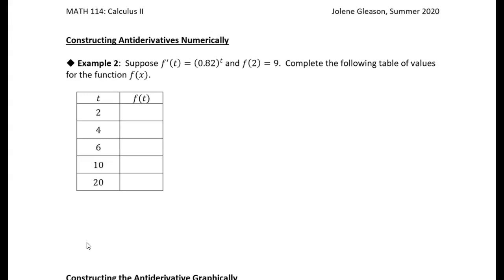So again, we're just going to use the fundamental theorem of calculus, right? I'm given f of 2, so I can just fill that in right now. Now, if I want to find the function at 4, I know that f of 4 minus f of 2 is equal to the integral from 2 to 4 of f prime of t dt.